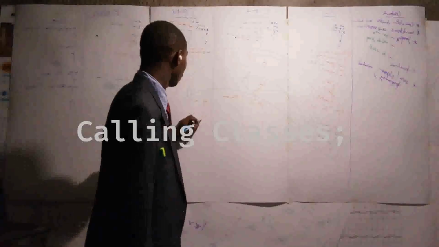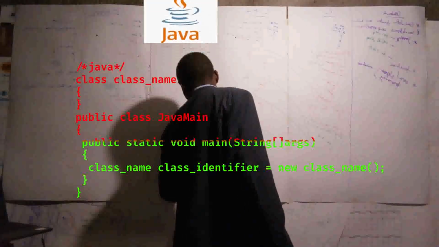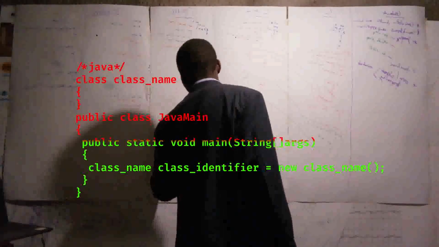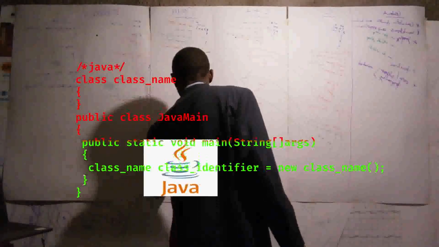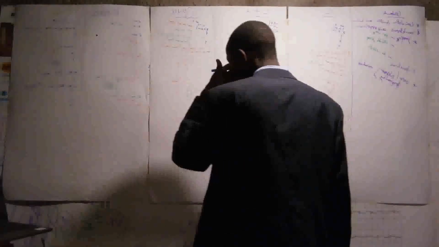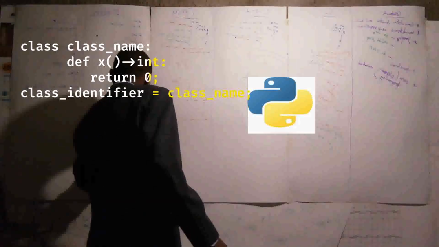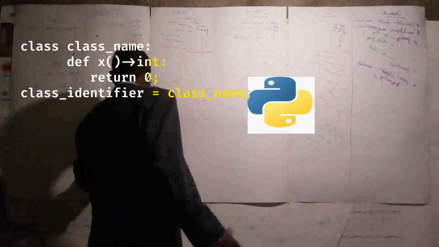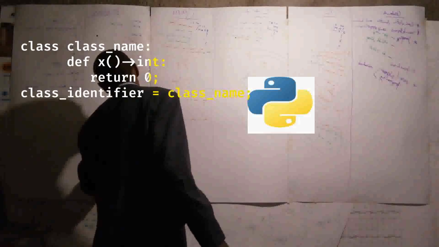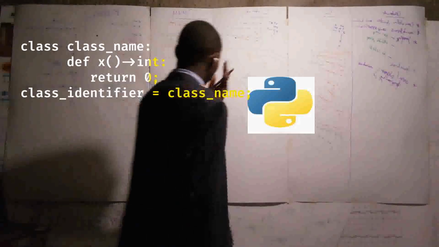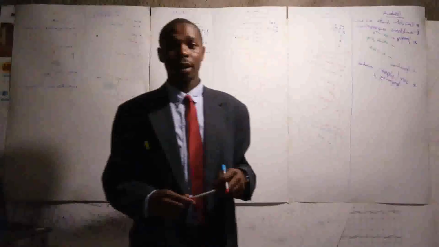In Java we do this too: write the class name, then the label equal to new class name with parentheses. And in Python, you write the variable name, suppose the variable is py class, the variable name is equal to the class name.